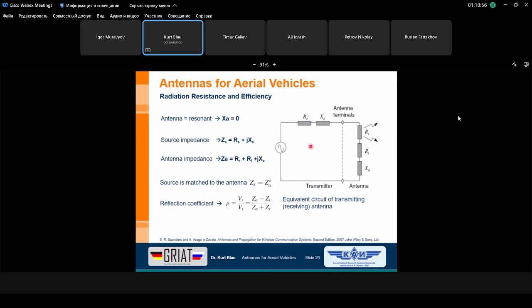To realize matching, which I mentioned at the beginning of our lecture, we have to try to achieve the so-called conjugate complex matching. Because all the elements you can see here are in series, these two imaginary parts should be in opposite.